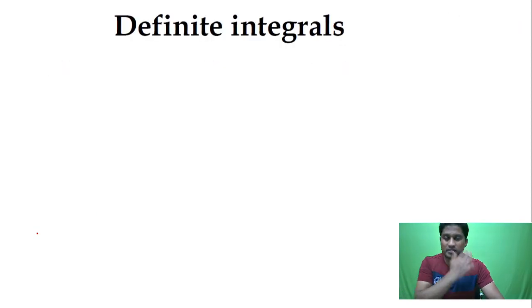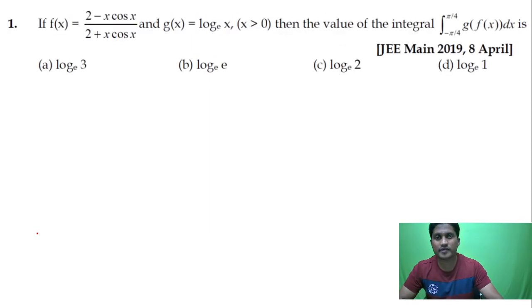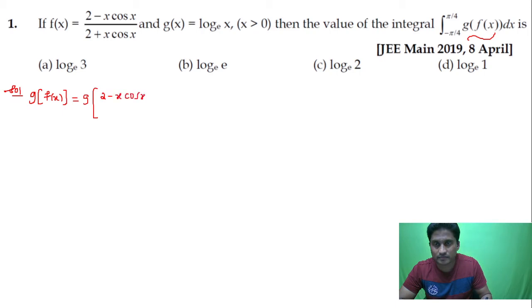Okay, now let us discuss the previous JEE questions of definite integrals. First, we'll find out what is g of f of x. g of f of x is equal to g, I'll keep as it is. f of x will be equal to (2 minus x cos x) upon (2 plus x cos x).